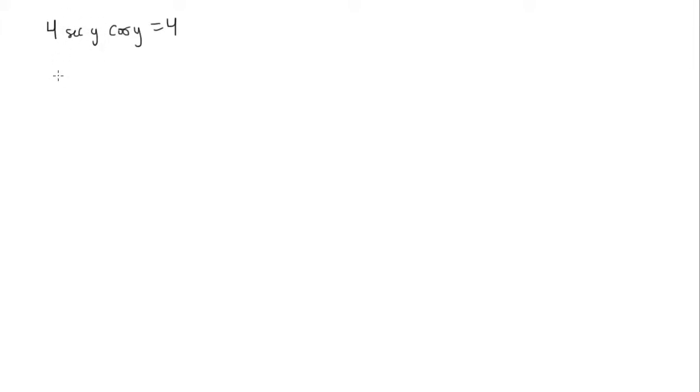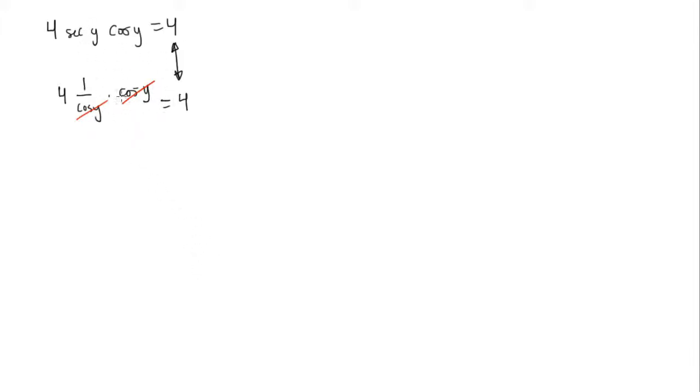So I could write the left-hand side as 4 times 1 over cosine times cosine of y. Then we've got cosine over cosine. We can just cancel those, and what's left is 4. And that's exactly the right-hand side of the original expression. So that verifies this identity.